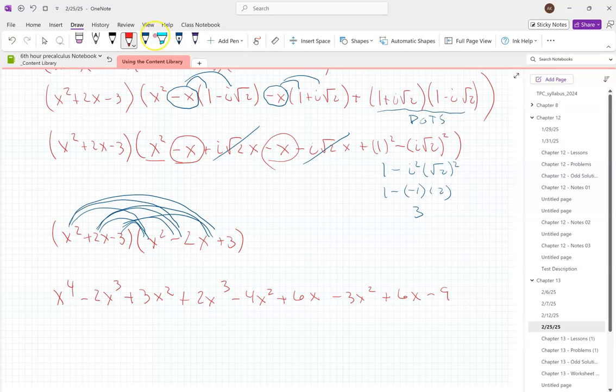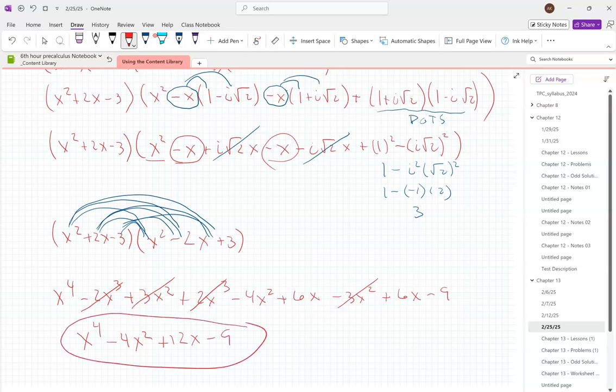And when I combine these things together, I have a negative 2x cubed and a positive 2x cubed. Those just cancel out. And then I have a 3x squared, a minus 4x squared, a minus 3x squared. Those minus 3 and positive 3x squareds cancel out. So I just have the negative 4x squared. And then I have 6x and 6x, that's 12x, and the minus 9.